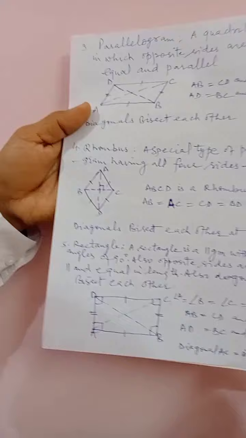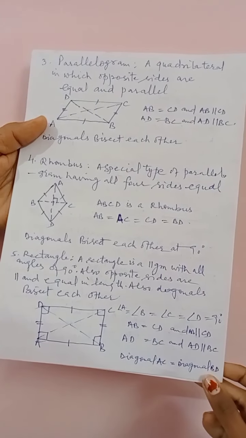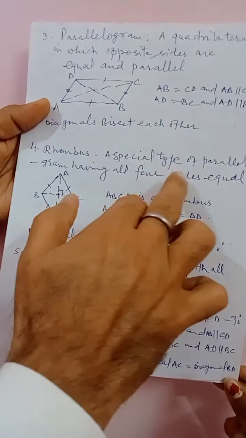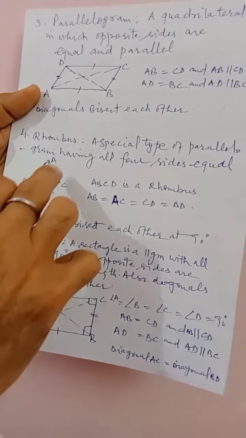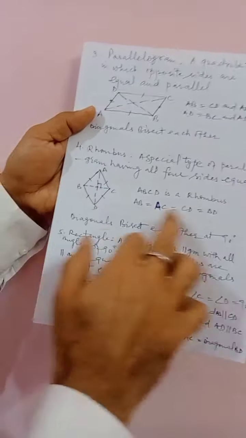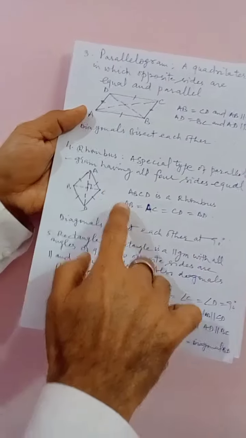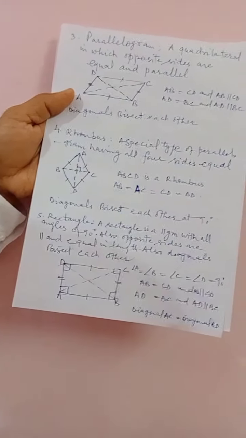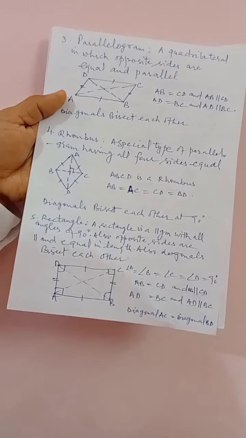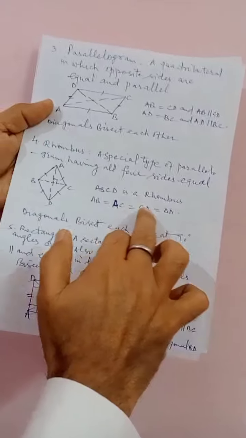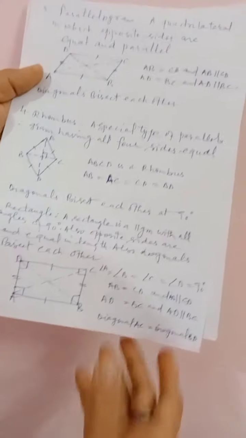Next is the rhombus. A rhombus is again a special type of parallelogram having all four sides equal. See this A, B, C, D is a rhombus in which opposite sides are parallel and also equal, that is AB is equal to AC is equal to CD is equal to BD.